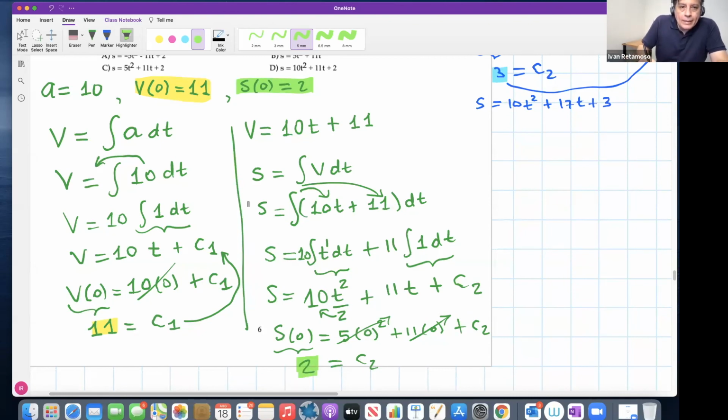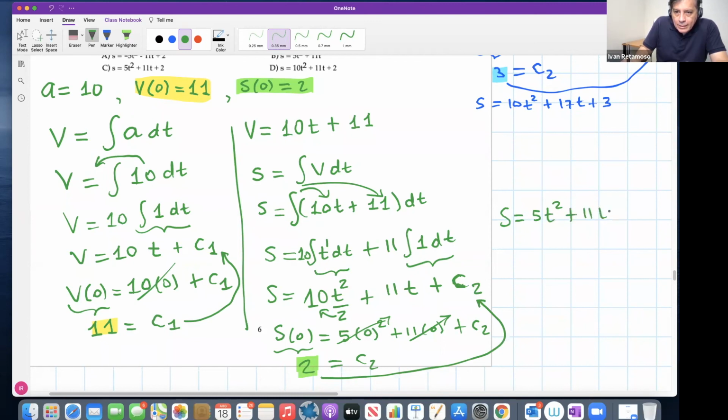So now you can write your position function not as a family of functions, but as a unique function, right? Completely determined as this. 10 over 2 is 5, t squared plus 11t plus C2, but C2 is 2, right?